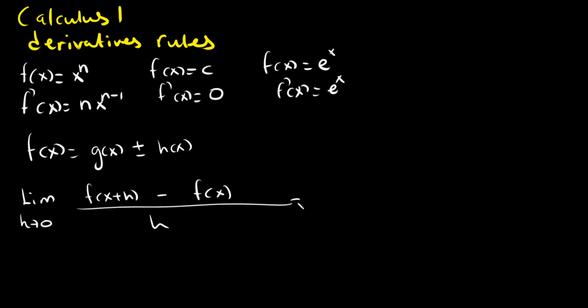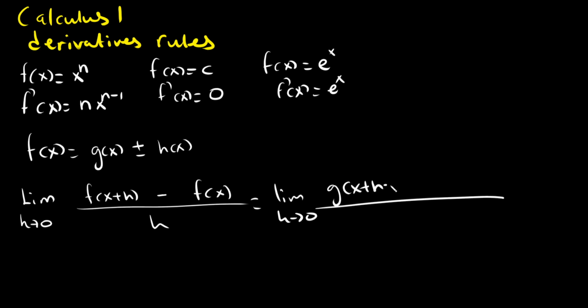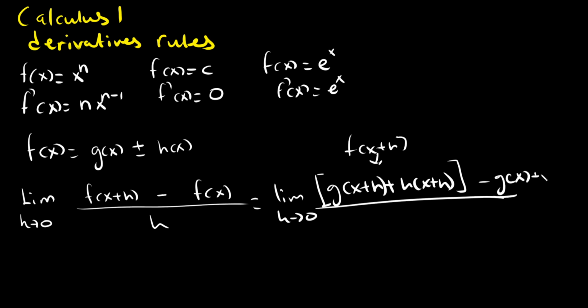Let me make some space first. All right, so let's do the limit. I'm going to put g of x plus h plus h of x plus h in huge parentheses, showing this is f of x plus h, minus g of x plus, or you can say huge parentheses here, h of x.